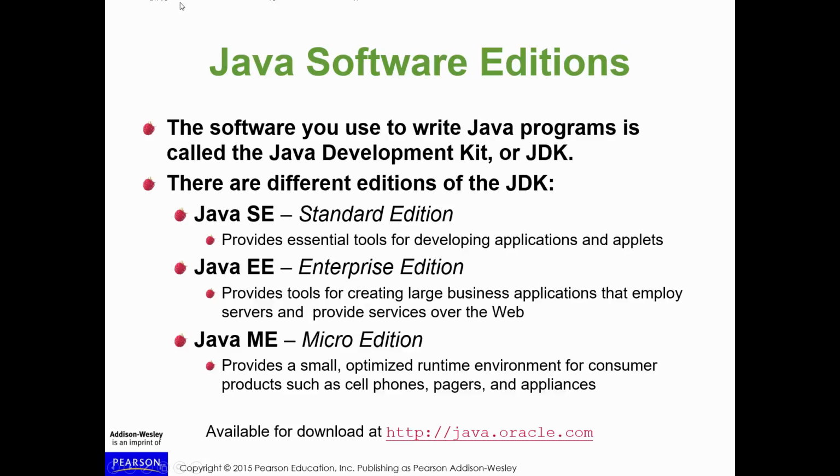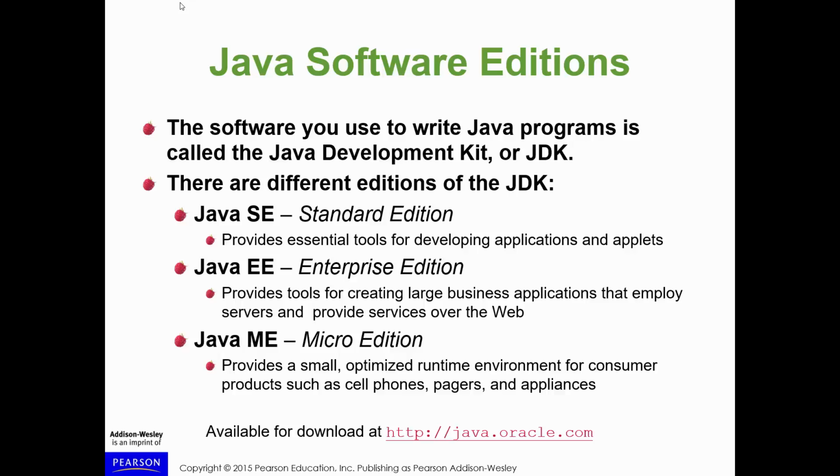Now here are some of the different editions of the JDK. The JDK is known as the Java Development Kit. It's the software you use to write Java programs. And you'll notice there are different editions of this JDK.